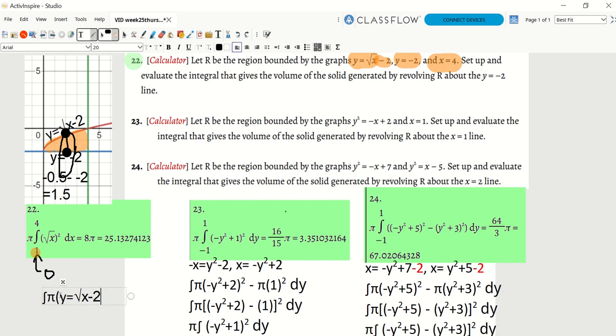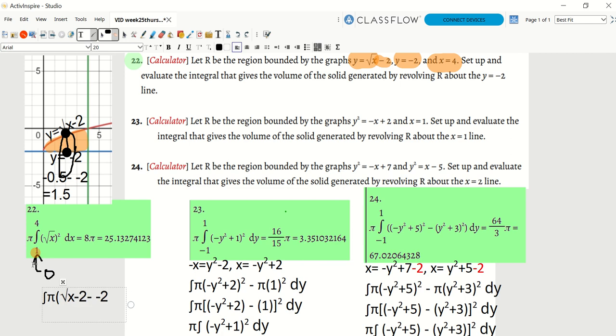So we are going to go like this, root x minus negative 2, and double negative becomes positive. Negative 2 plus 2 becomes a clean root x.